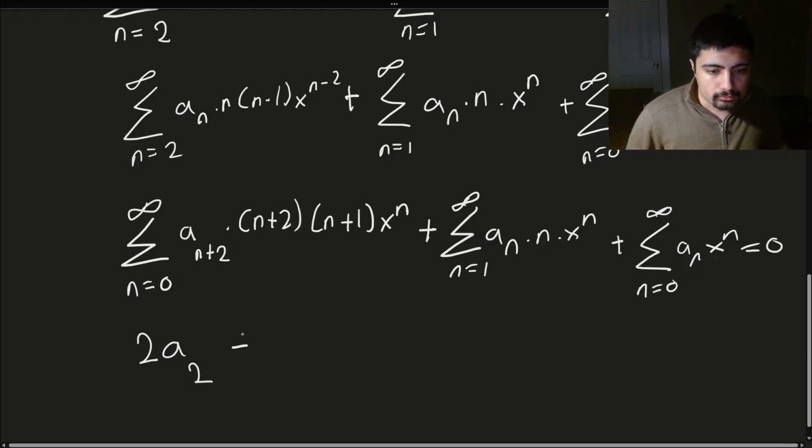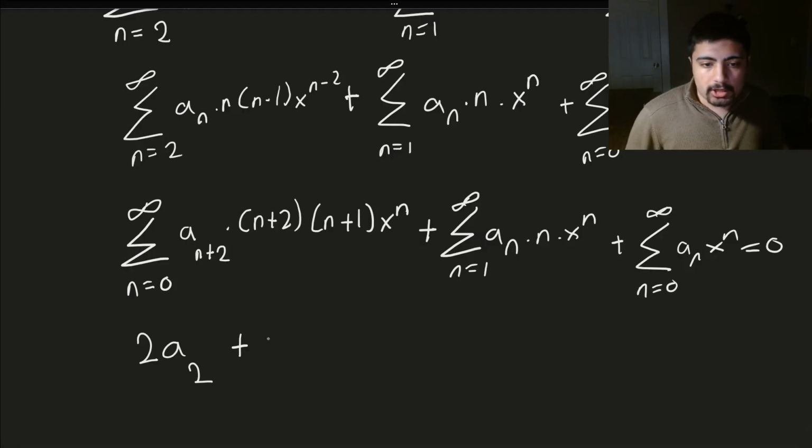Plus, we're not going to do anything with the series for now; I'm just going to skip it to get the constants out to make it look better. On the rightmost series, we get another first term, and if we substitute n equals 0, we get a sub 0 times 1, so we get a sub 0.